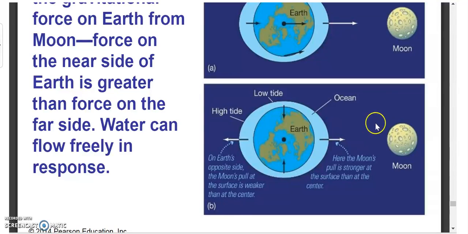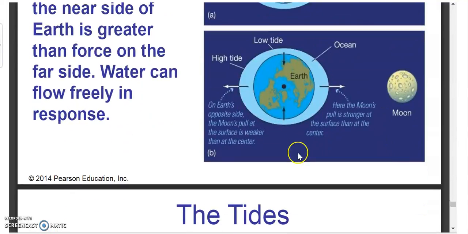The thing is, the high tide has now moved the next day by 50 minutes. If it was 9 o'clock one day, it would be 9:50 the next day, and then 50 minutes later the next day, and so the tides are moving.